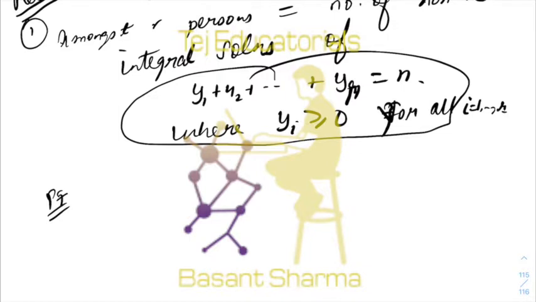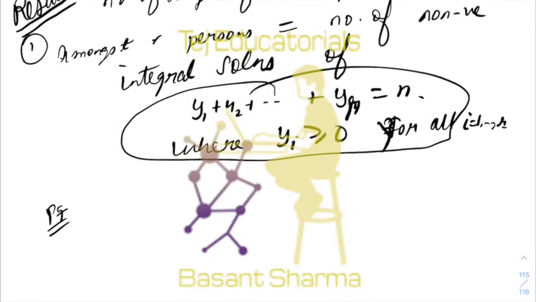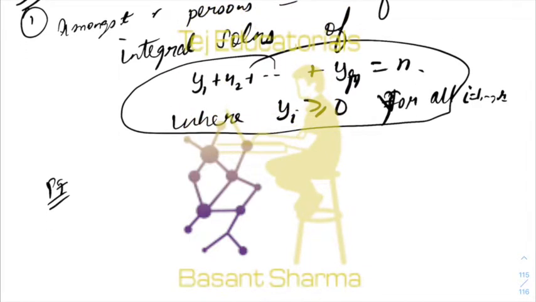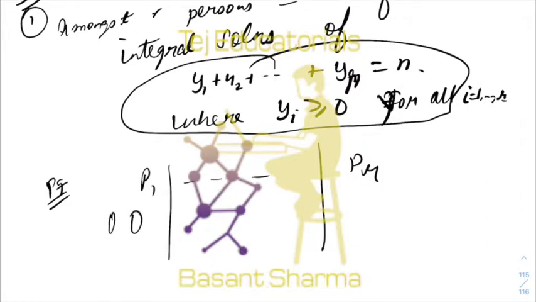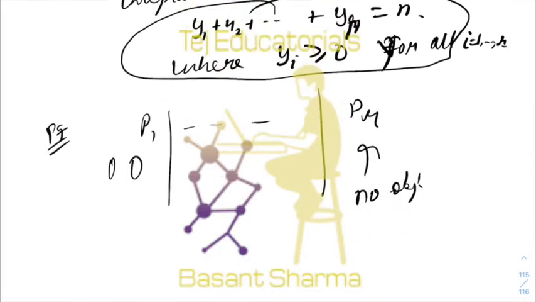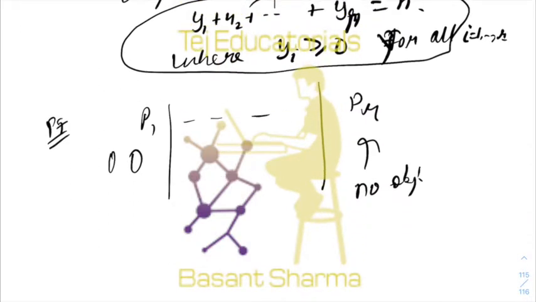Suppose you have persons p1 till pr, and you take any distribution of n identical objects amongst these r persons. Suppose this person gets two objects and so on, and suppose this one gets no object. Then corresponding to this distribution, you get a solution of this. Why?